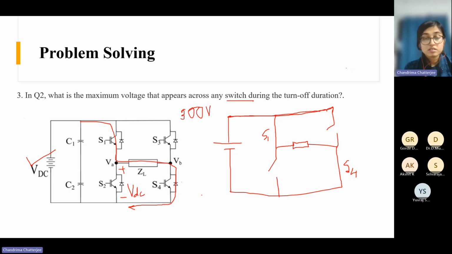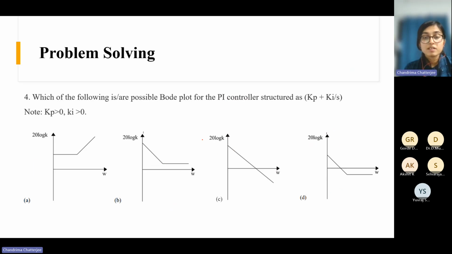Let's see the next question. This is the controller related question. Which of the following is or are possible Bode plot for a PI controller structured as Kp plus Ki by s? Note Kp and Ki both are greater than 0. So you can answer this. Which one is the correct one?